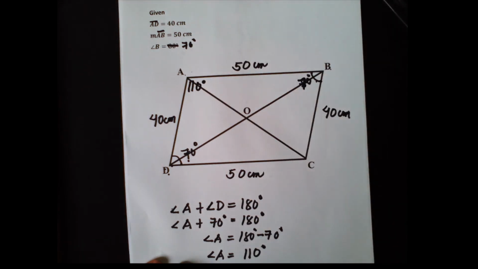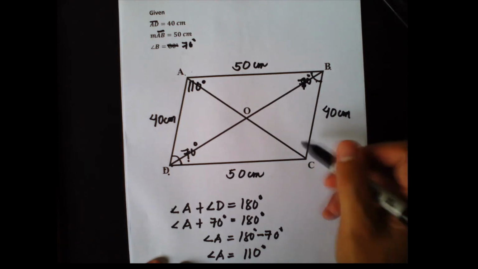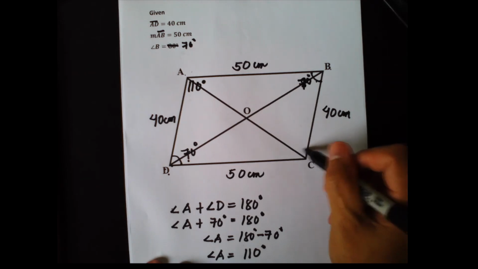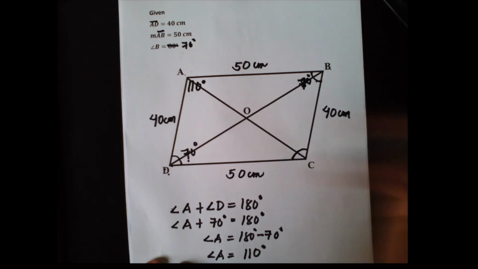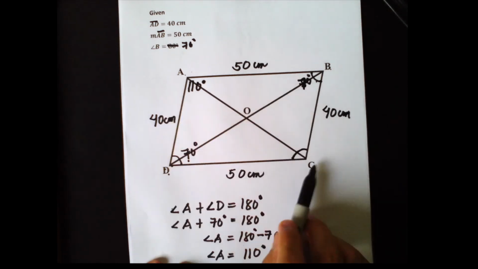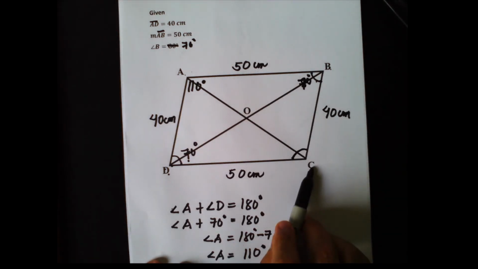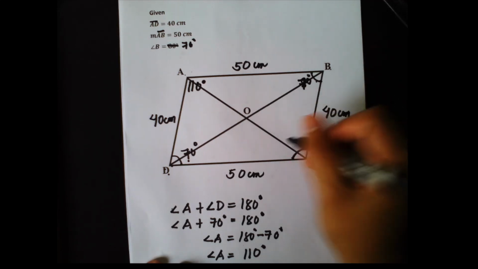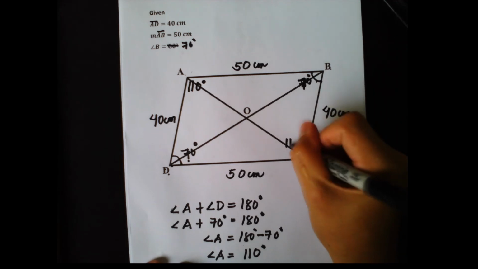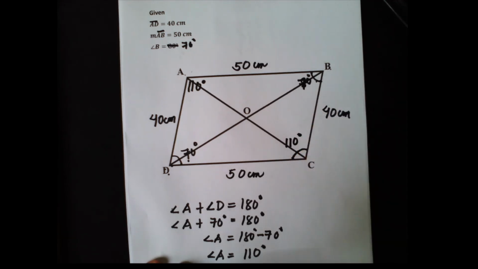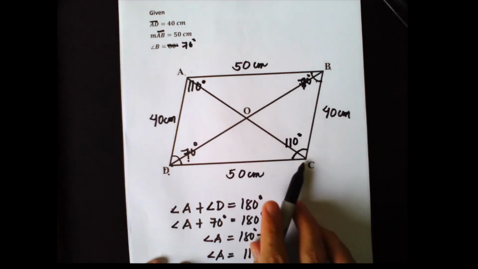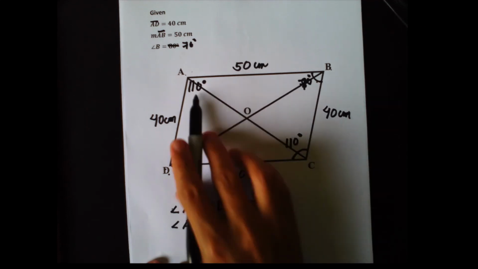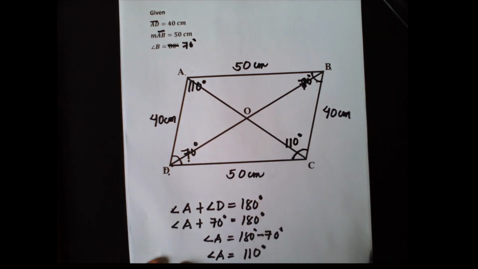Now let us find the measurement of angle C. Since angle A is opposite angle C, angle C also has a measurement of 110 degrees, because based on the condition, the opposite angle is congruent. When we talk about congruent, they have the same measurement.